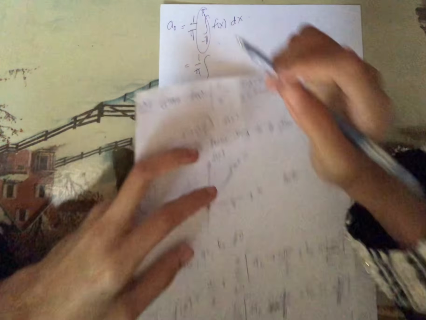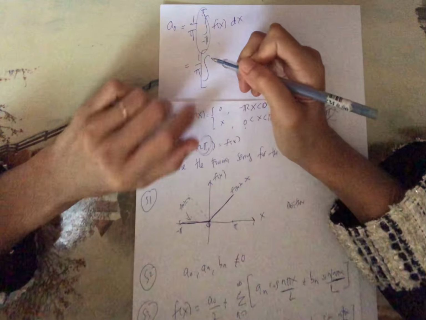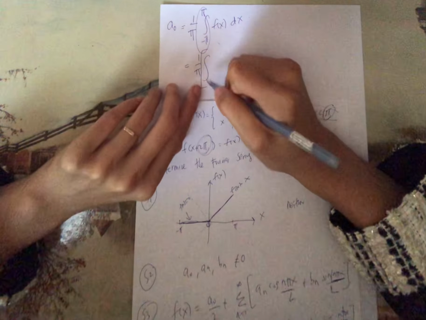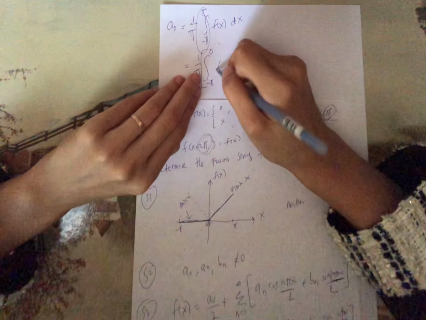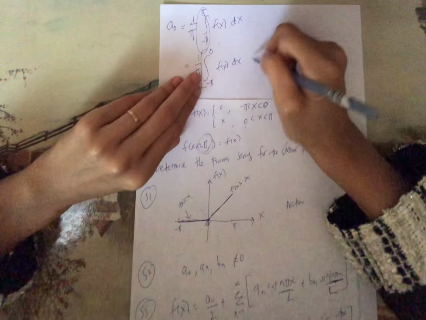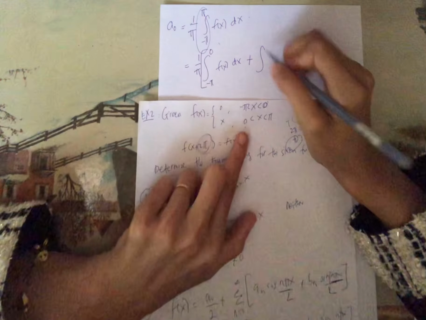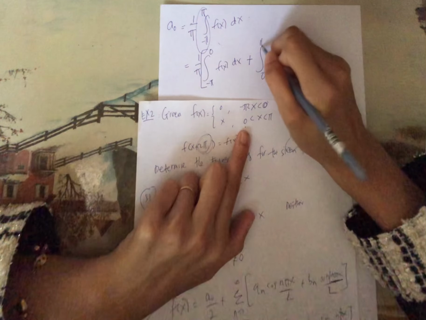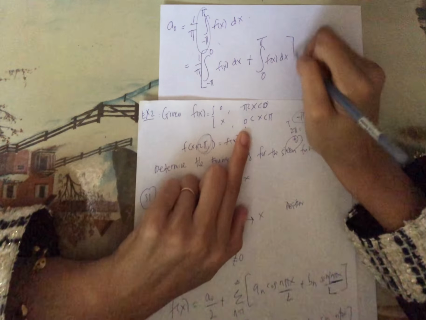It stops at 0. So same thing, you need to break it. It will start from negative pi until 0, fx dx, plus it continues from 0 until pi, fx dx, close the bracket.